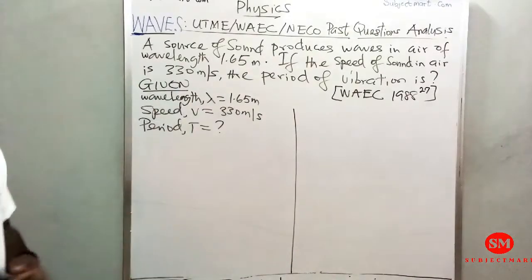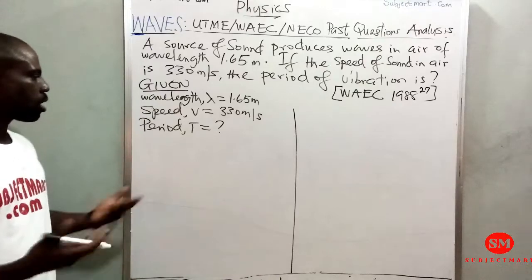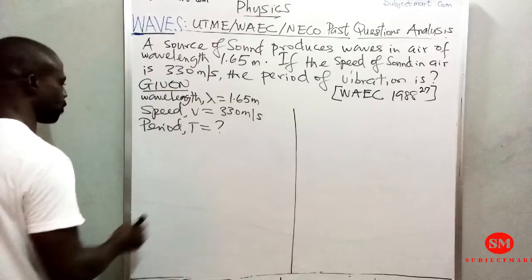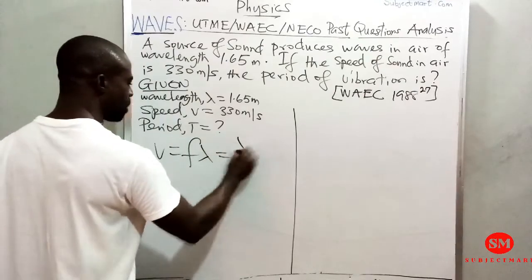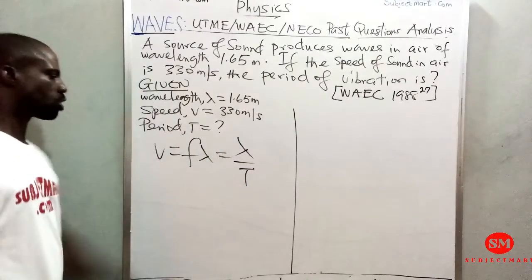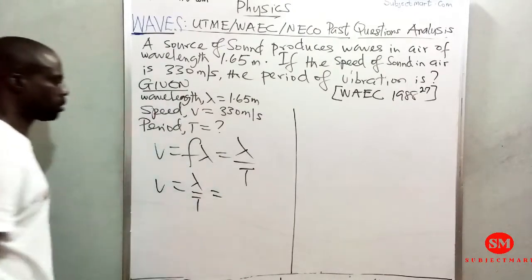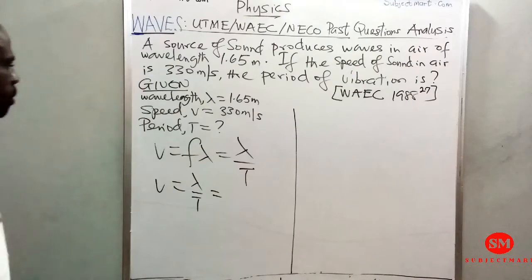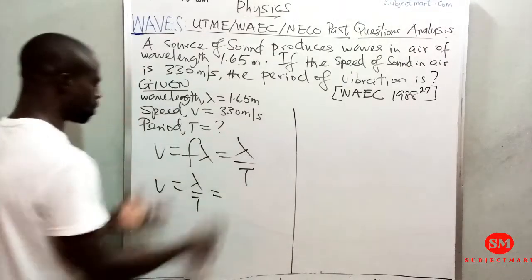Now we are given the wavelength as 1.65 meters and the speed as 330 meters per second. What is the period? Don't forget your wave equation, v equals f lambda or lambda over period. So we are going to use this one straight. So v is lambda over period. Now we have to find the period.